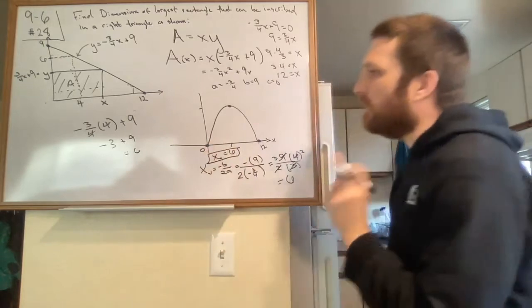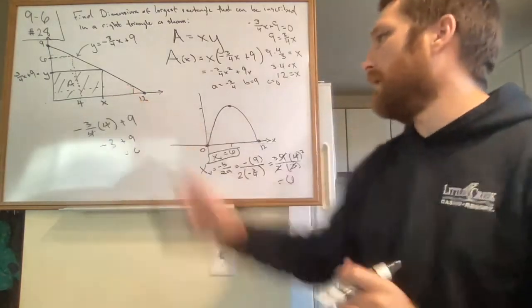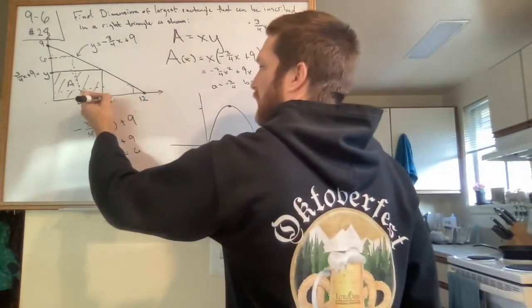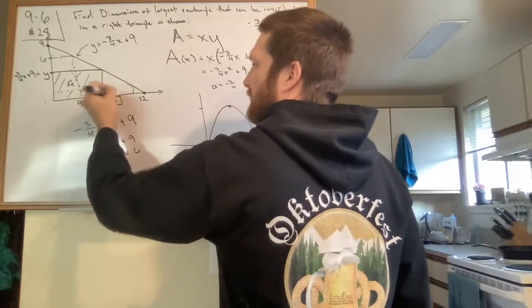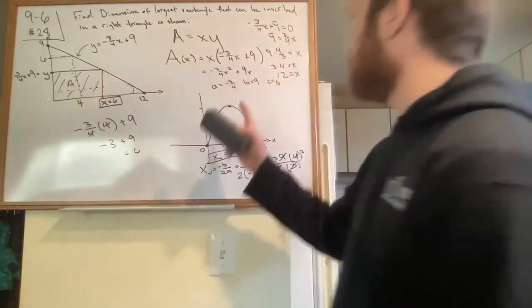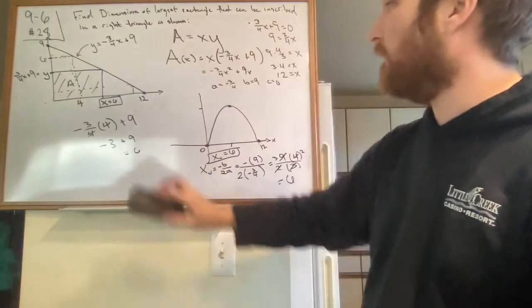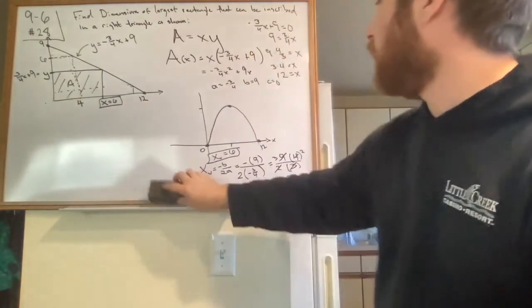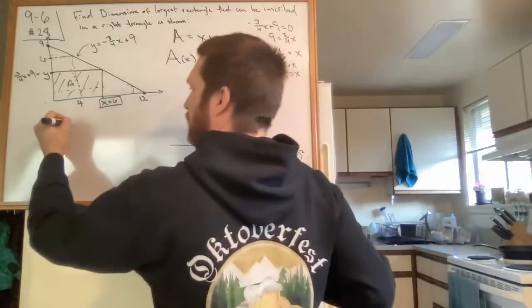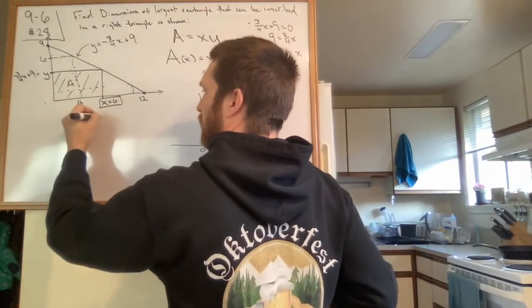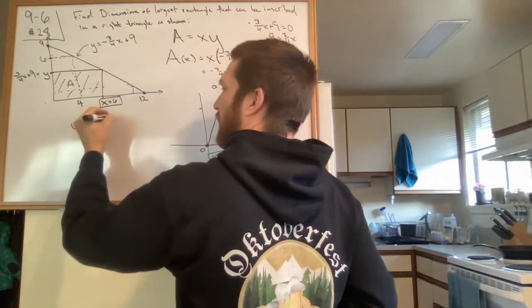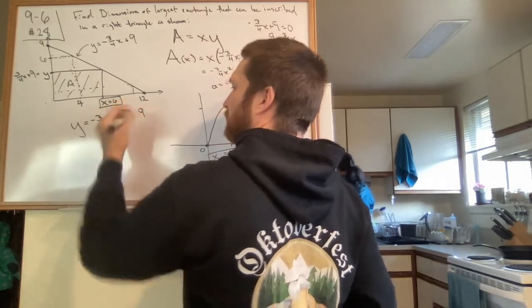So the input value happens here at 6. So when x is equal to 6, what we could do is then just plug it in and see what we would get, right? Say the y output value occurs when the input value is 6.